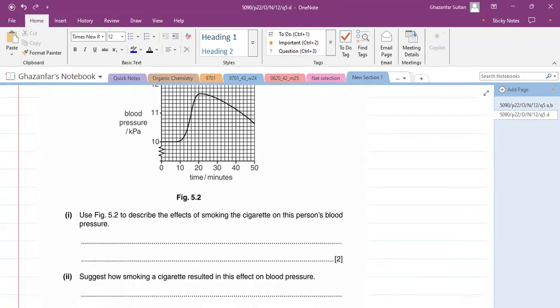As the diagram shows, smoking increases the blood pressure, followed by a decrease when he stops smoking. See, he starts smoking at 10 minutes, and when he stops smoking here, or here, then the blood pressure decreases. So we have to mention both of these.